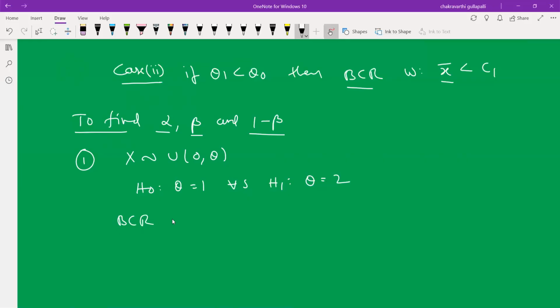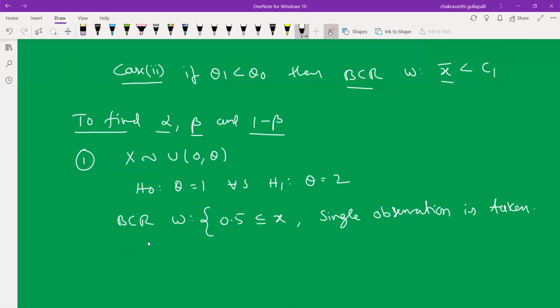The BCR W is given, that is 0.5 less than or equal to x. A single observation is considered. Only x is given means a single observation is taken.